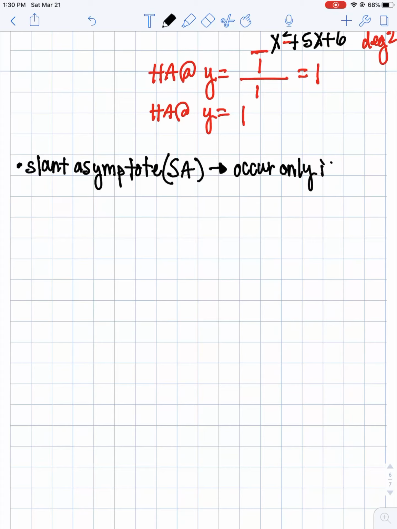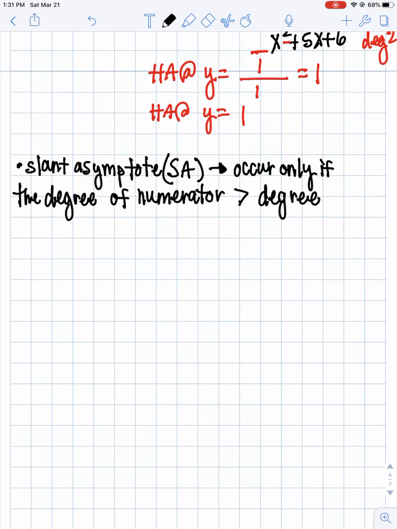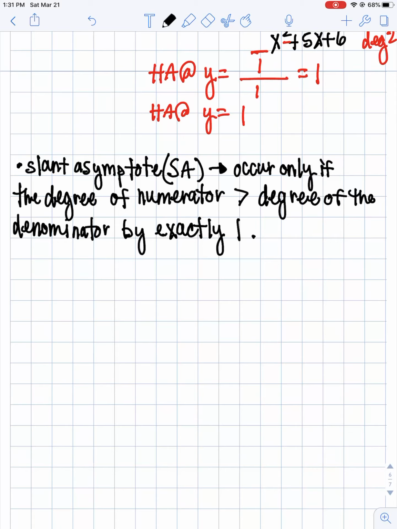They occur only if the degree of the numerator is greater than the degree of the denominator by exactly 1. Okay, so it has to be bigger on top than it is on bottom by 1 degree. So that's when they occur.